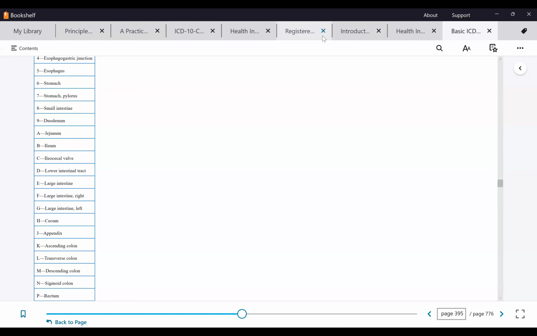We have such things as cecum, appendix, ascending colon, descending colon, rectum, and the ileocecal valve. These are normally labeled on the procedure notes for the GI system, but it does get into that final level of detail.